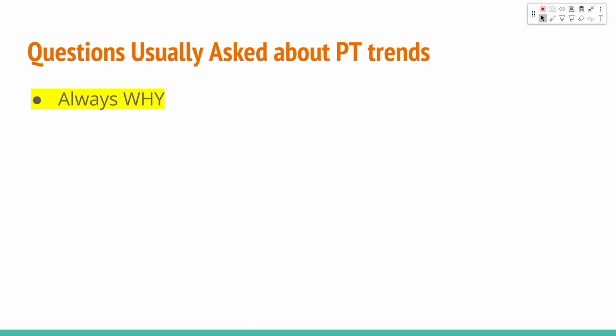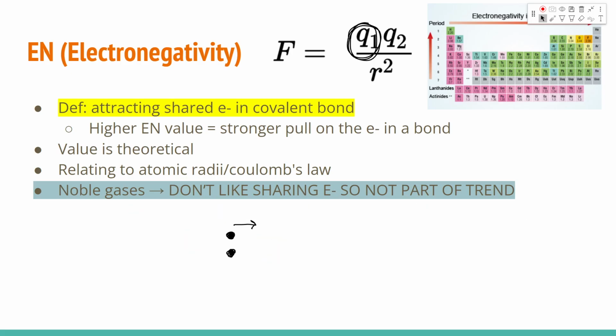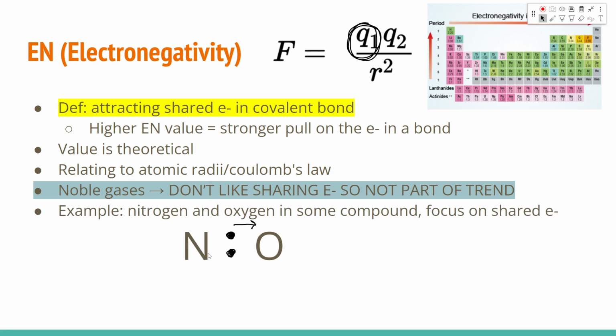Or if I'm talking about, for example, electronegativity, so going back to that slide here, you need to talk about the electron from nitrogen being attracted to the nucleus of the oxygen. Be specific on what electrons you're talking about being attracted to what. Again, it depends on which trend you're talking about.